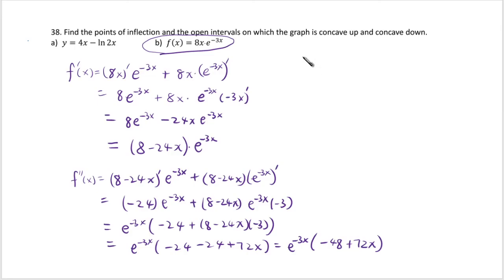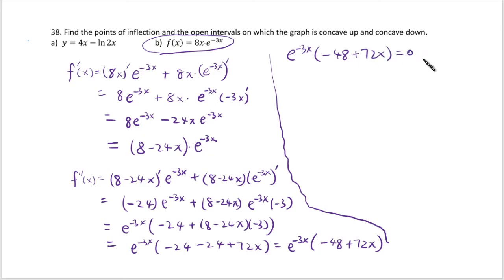And now we have to figure out when that's equal to 0 in order to find out where the intervals of concave up and concave down are. So we set that equal to 0. So either e to the negative 3x is equal to 0 or negative 48 plus 72x equals 0.